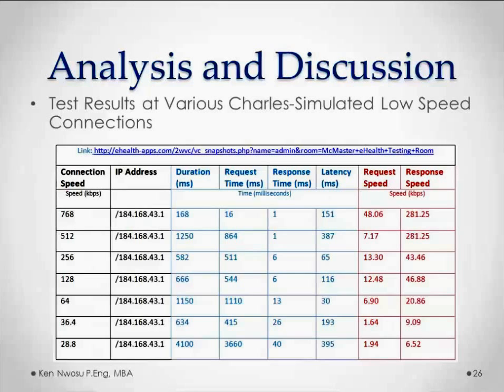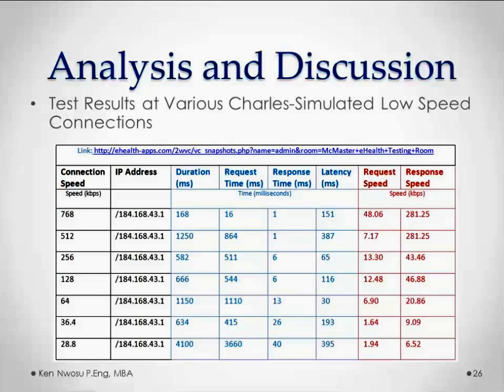Test results at various Charles simulated low-speed connections. At 28.8 kilobits per second, it took TWIVES 4,100 milliseconds in total to load the application when the request was placed on the IP address. The request itself took 3,660 milliseconds, and TWIVES responded in 40 milliseconds after that.